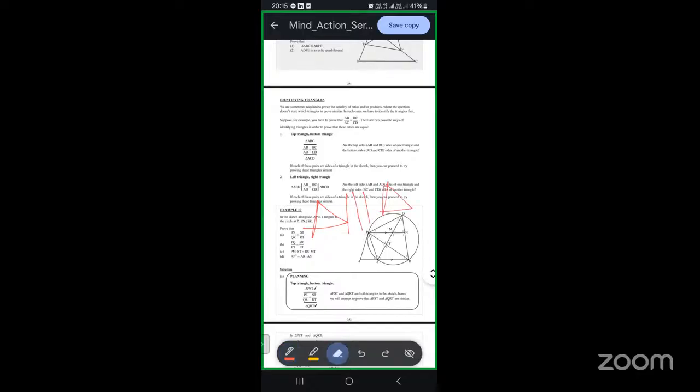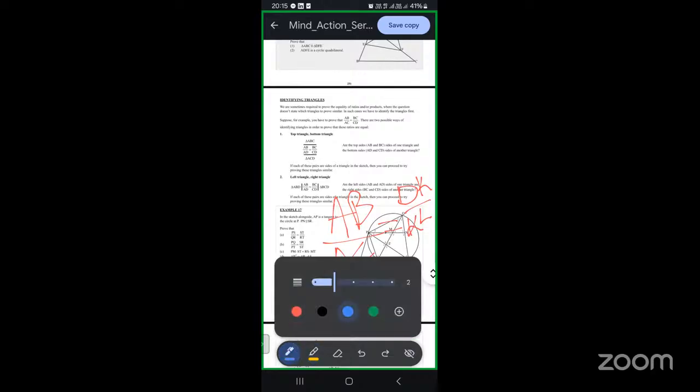So now here we just have to identify, if maybe we are given something like we want to prove that AB over AC is equal to DK over KL.